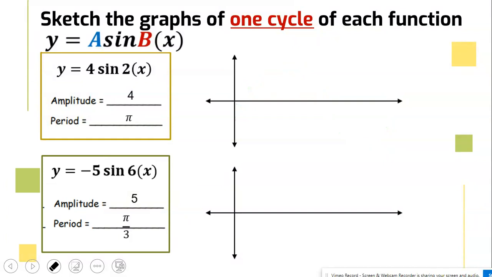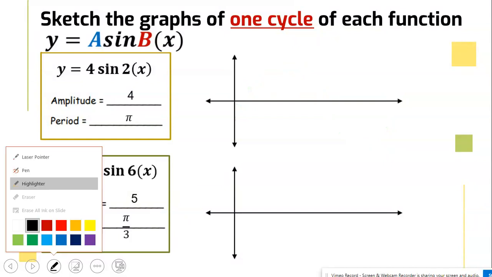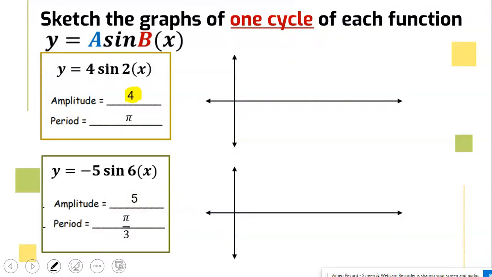And for the very first one, we're given that the amplitude is 4. That's this value right here. The amplitude is 4, which means from the middle to the max has a distance of 4, and from the middle to the minimum has a distance of 4 as well.